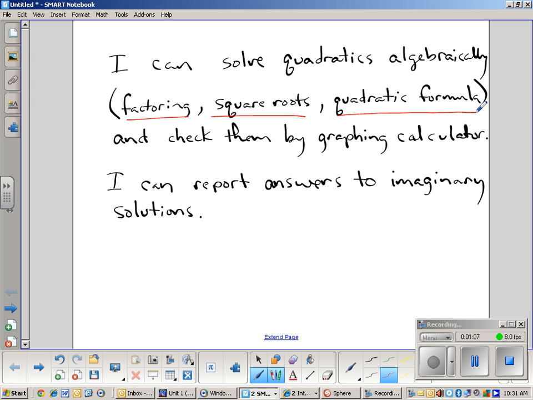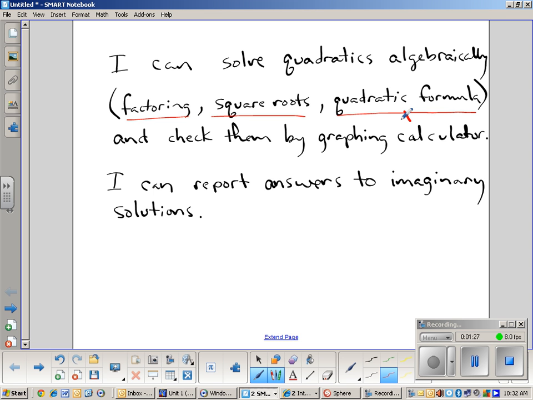Quadratic formula will always work, no matter what. Square roots will only work for certain problems. And not everything factors into nice numbers, so factoring won't always work either.